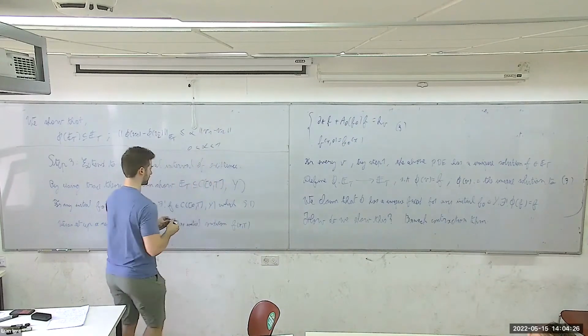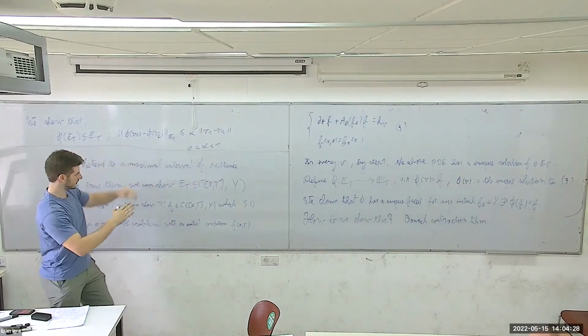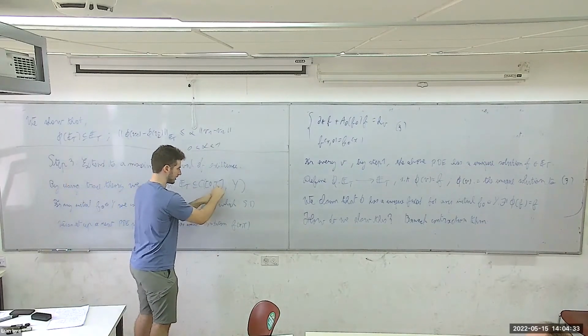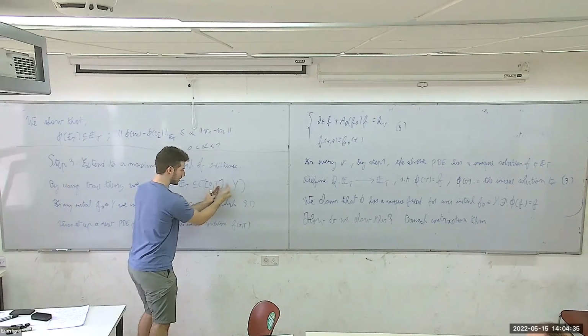Doesn't this make sense? So we have a PDE. We can show using step 1 and step 2 there's a unique solution on this interval. And at this point t, we say, oh, now this is the initial condition. So then we can extend it a little bit more.